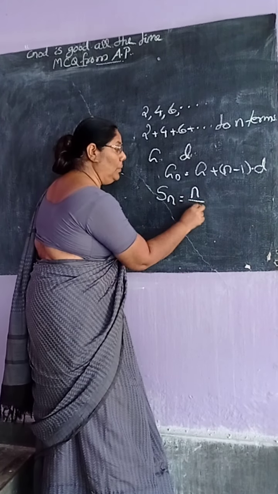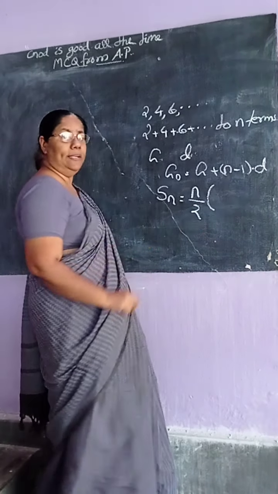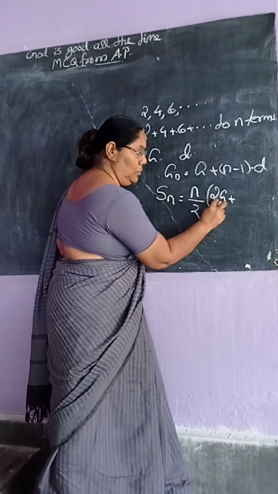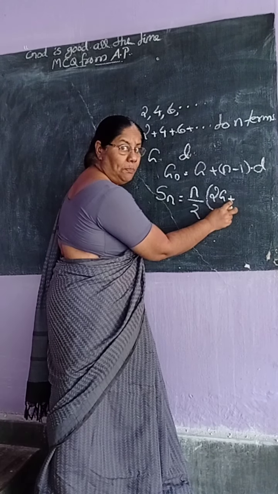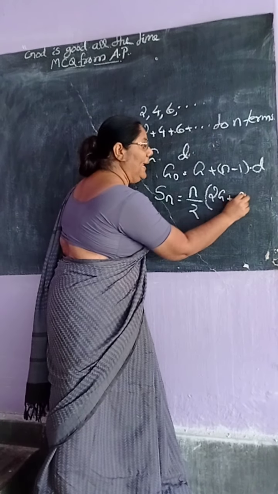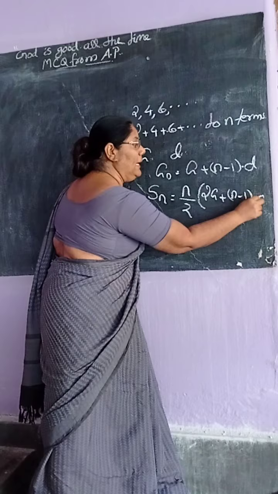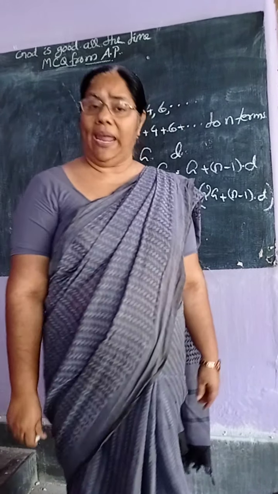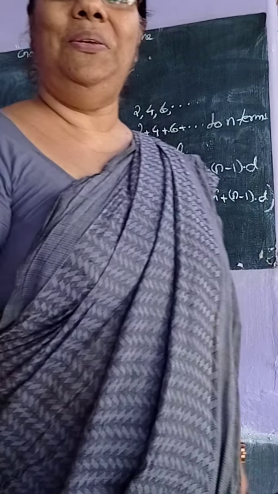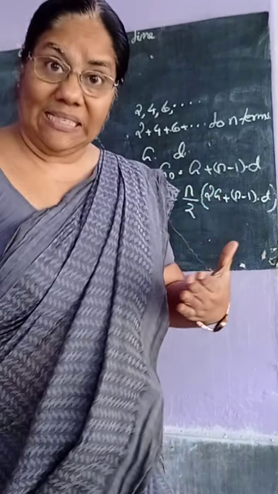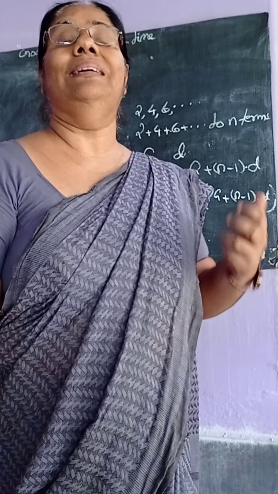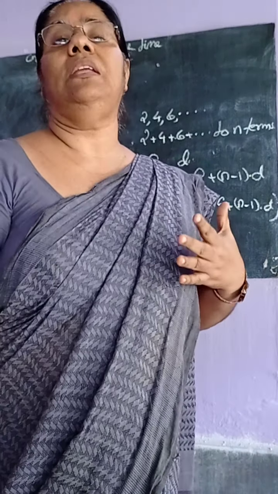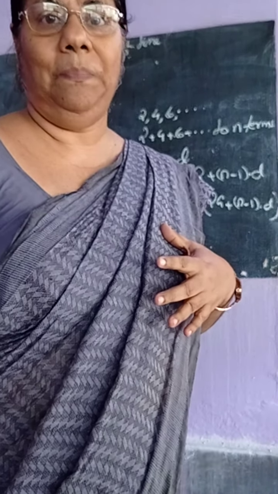N by 2 into, within the bracket, 2a plus n minus 1 into D. Repeat the formula: Sn is equal to n by 2 into 2a plus n minus 1 into D.